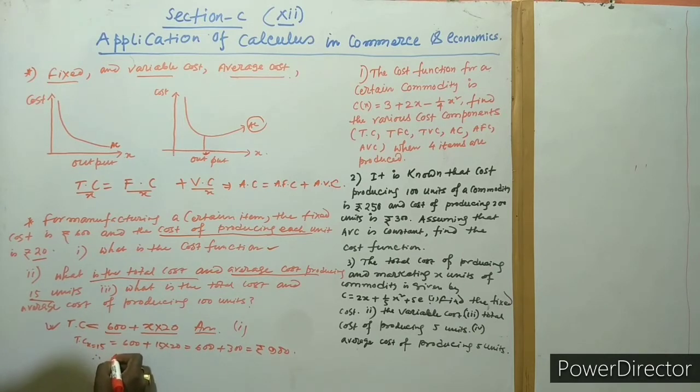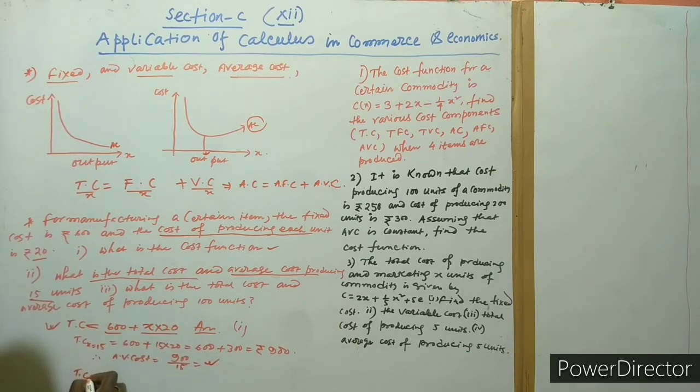Therefore the average cost is equal to 900 divided by 15, so we get the average cost.